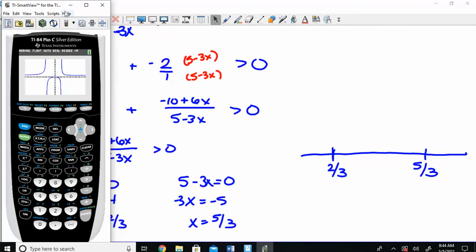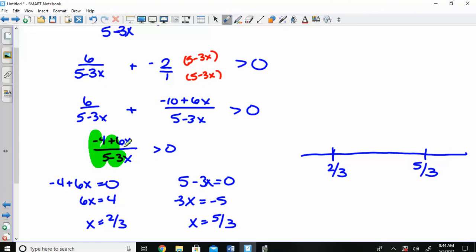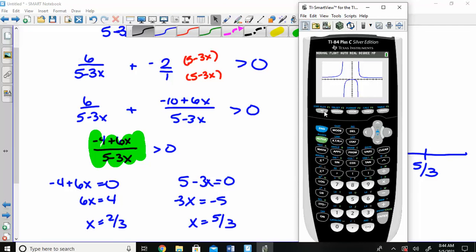And we are graphing this fraction right here. When you plug that in, you need parentheses around the top and parentheses around the bottom. So I have parentheses negative 4 plus 6x over parentheses 5 minus 3x.